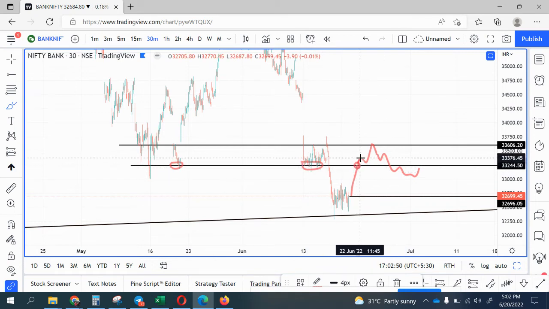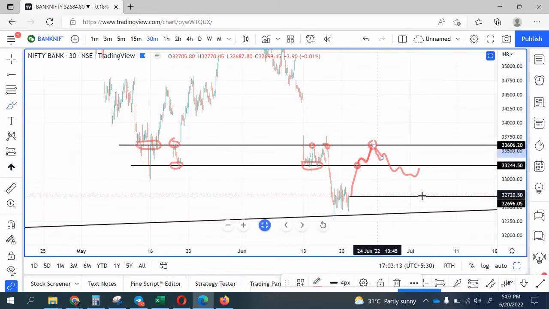Even if this resistance is broken, the second resistance would act as a strong one. Why is this the second resistance? Because you have one resistance here, two here, almost three resistances. This is a consolidation phase, so this would act as a very strong resistance. So price might reject from here.